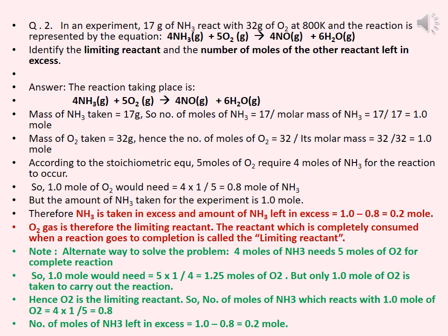According to the stoichiometric equation, 5 moles of oxygen require 4 moles of ammonia for the reaction to occur. Therefore, we have taken 1 mole of oxygen.